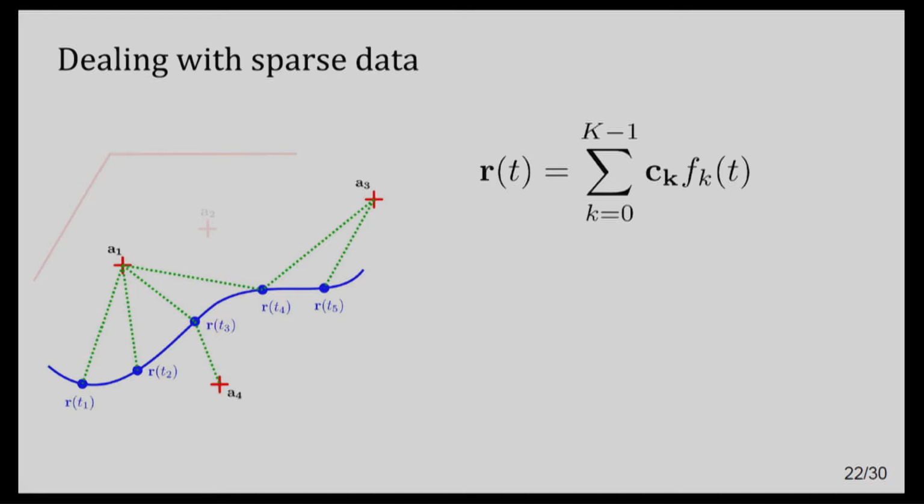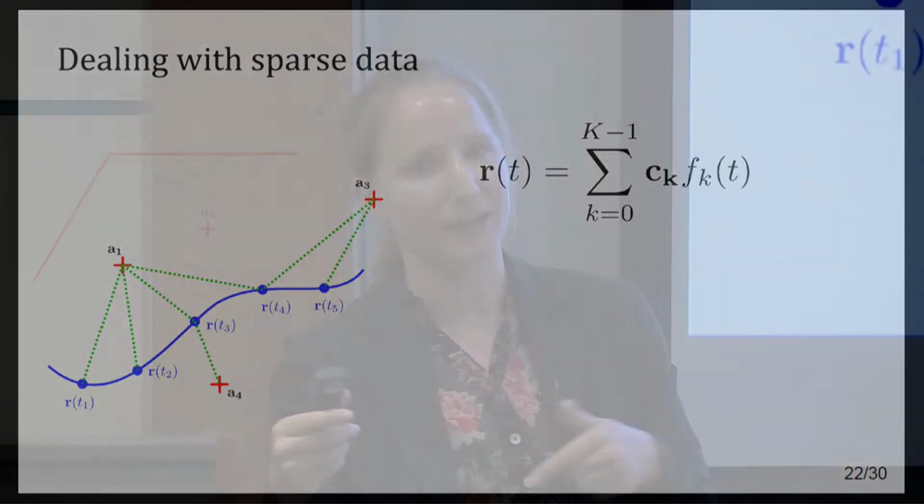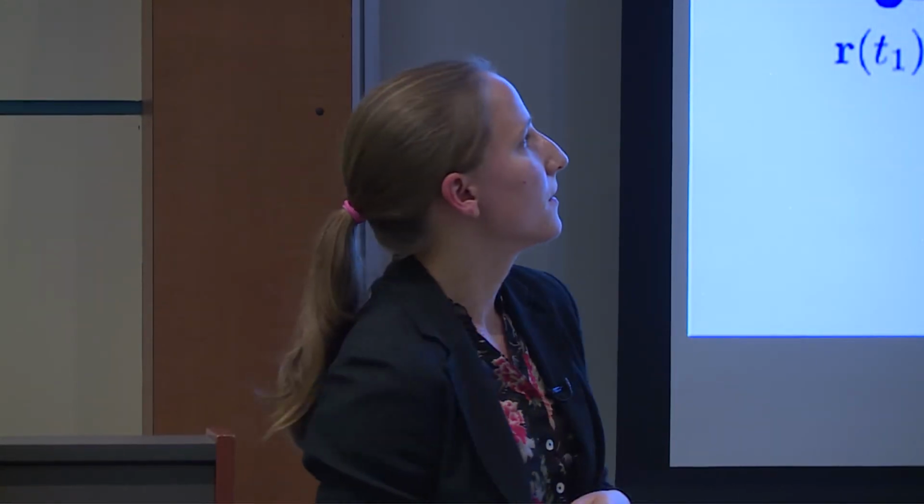So instead of having n points to localize, if we say we have n time instances, we reduce our problem to only K times T coefficients. So it should be an easier problem to solve.